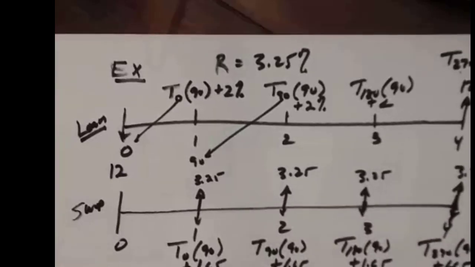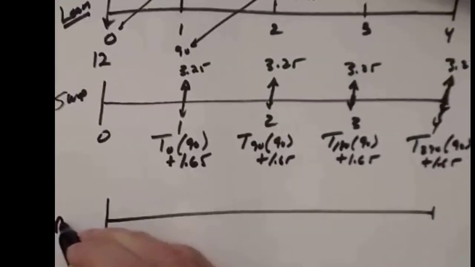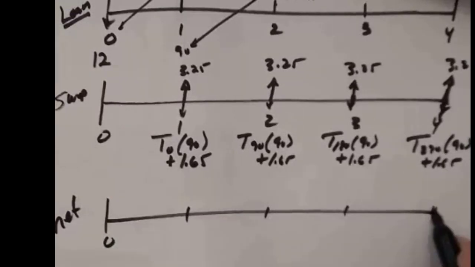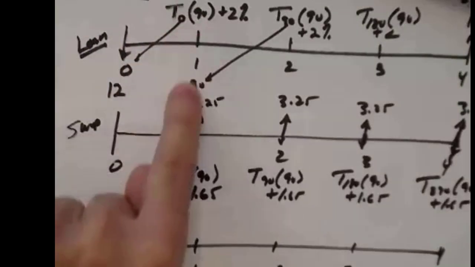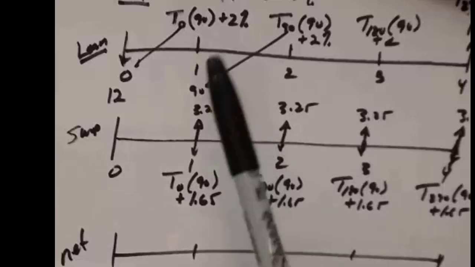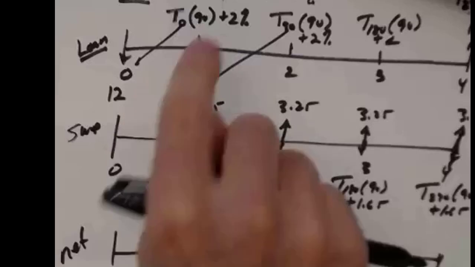The combined net effect would be simply adding up these payments. Go vertically. Add up the payments. If you add up the payments, the T's cross out.